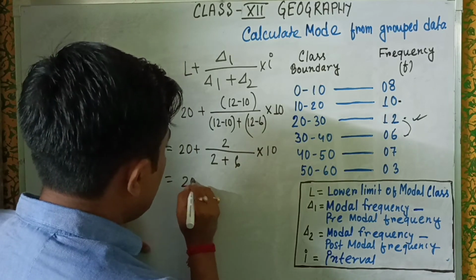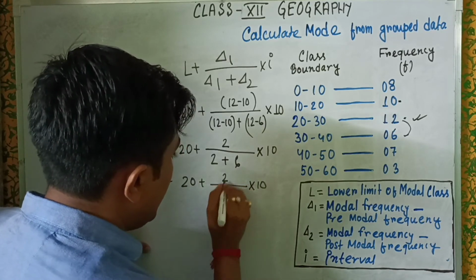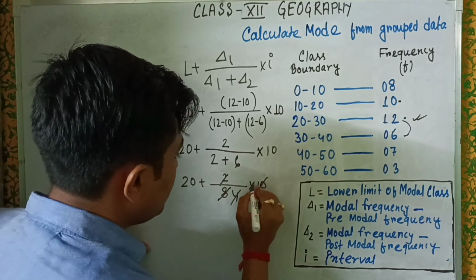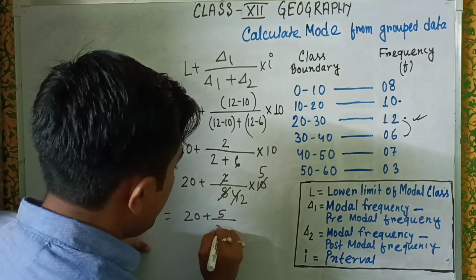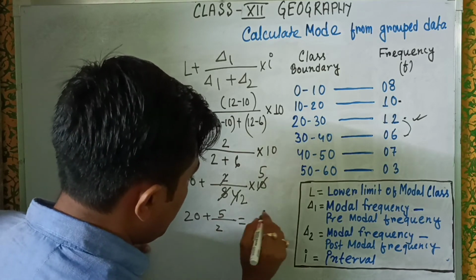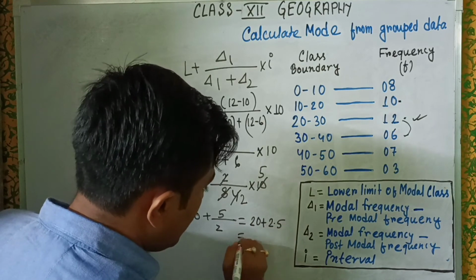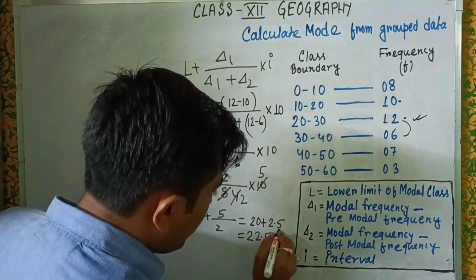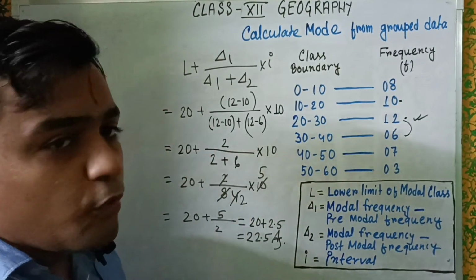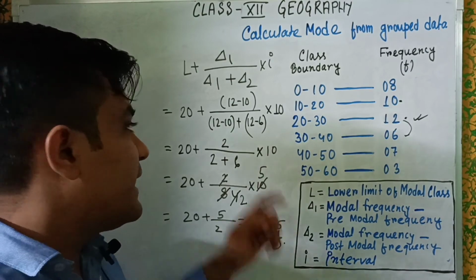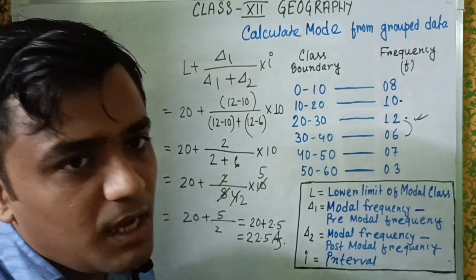So 20 plus 2 by 8 into 10, again 20 plus 5 by 2, and 5 by 2 means 2.5. So 20 plus 2.5, 22.5 is our answer. The answer is the same from both formulas, so you can calculate mode from this formula or that formula.